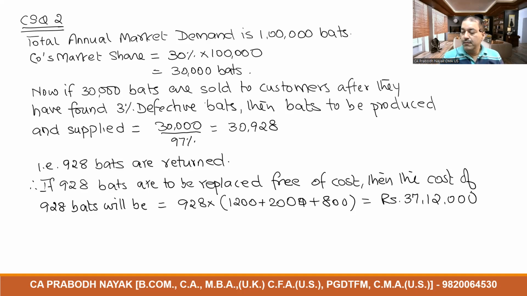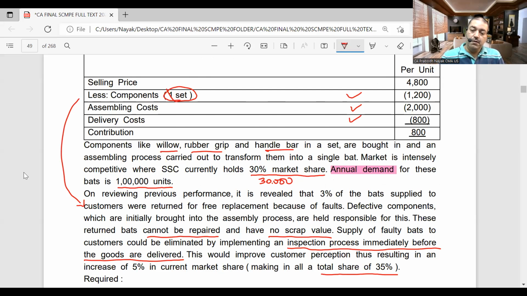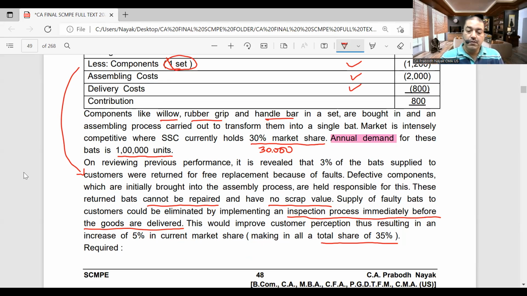Okay. Now look at the question. What is the question asking? Supply of bags. This part is important. Supply of faulty bags to the customers can be eliminated by implementing inspection process immediately before the goods are delivered.